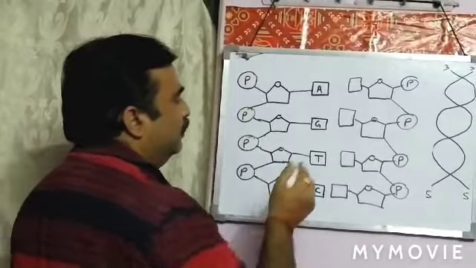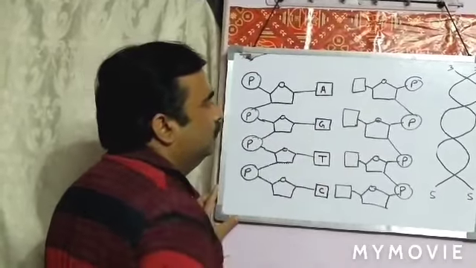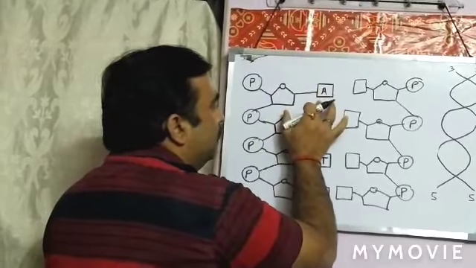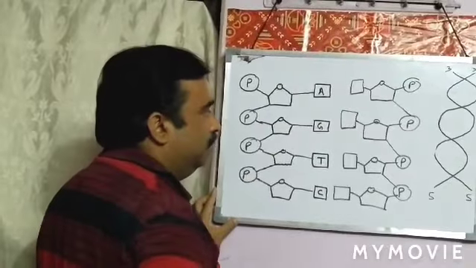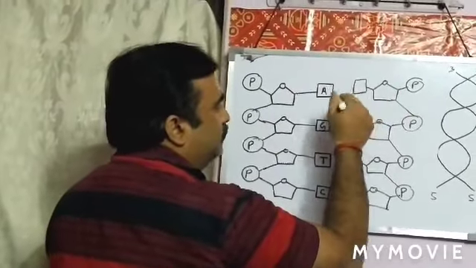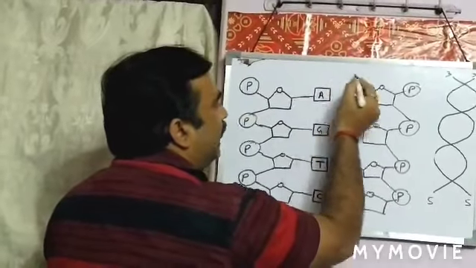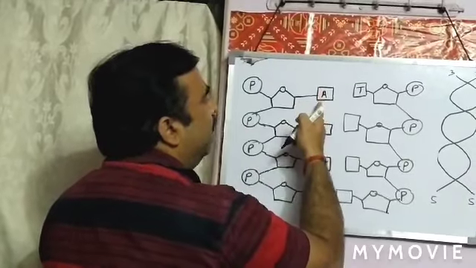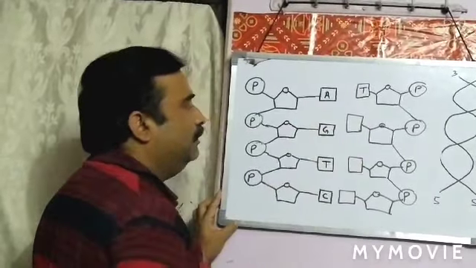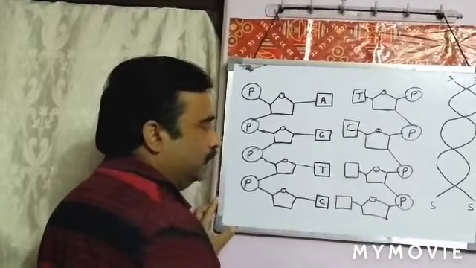Here I put these boxes empty because there is a definite combination. If in one helix the adenine is present, then in the other helix, which is the complementary strand, there is thymine. So adenine is complementary of thymine and guanine is complementary of cytosine.